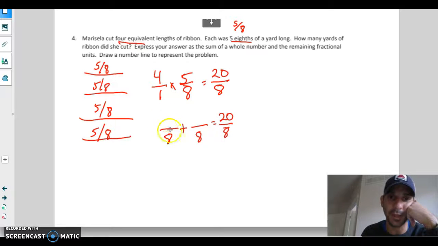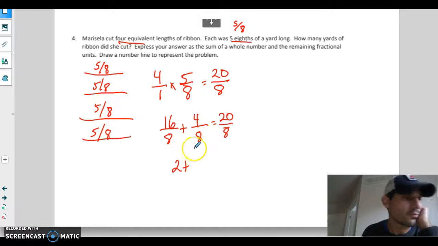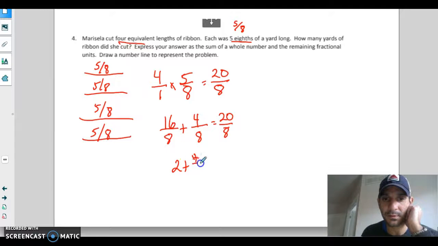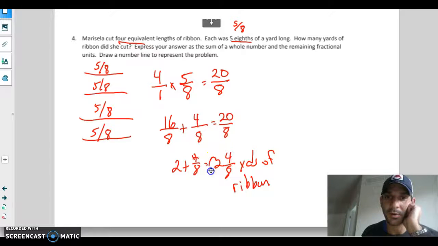Like if I put 8 here, 8 over 8 equals 1. 16 over 8 is equal to 2. And then this would be 4, because 16 plus 4 is 20. So then this would be 2 plus 4/8, I'll just keep it 4/8. So this is 2 4/8 yards of ribbon. And here's my whole number, and here's the fractional remaining.